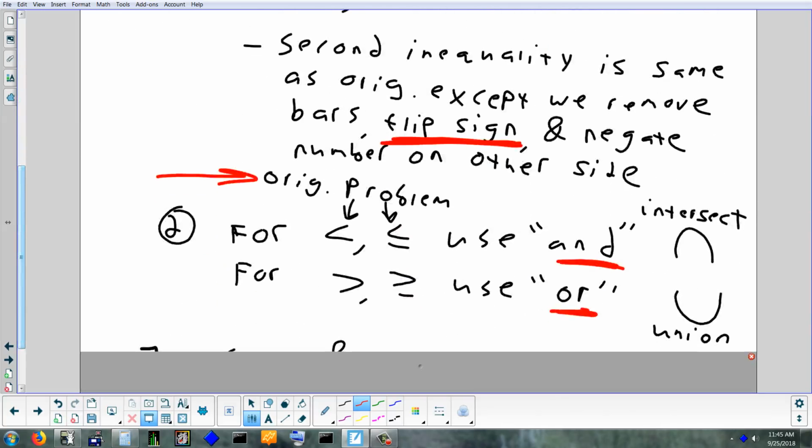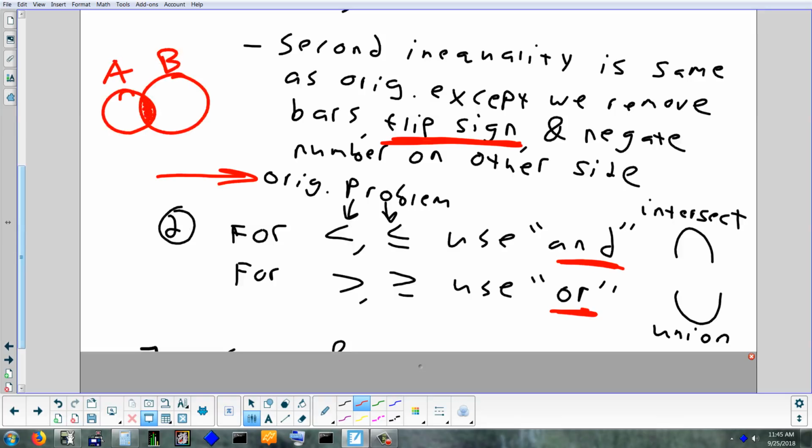And the fancy word, and I think we've seen these symbols before, for and is intersection. It's kind of like an overlap. If you think of a Venn diagram, and I said to color the section that's in A and B, that's where A and B intersect. A union is just an or. Could be one or the other or both.